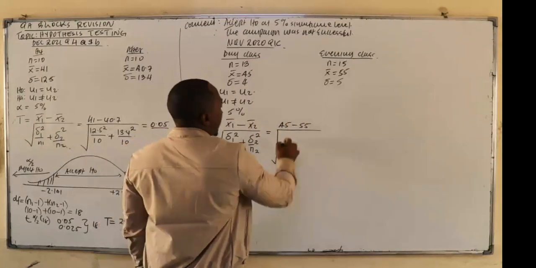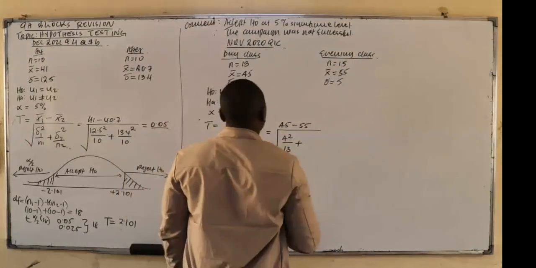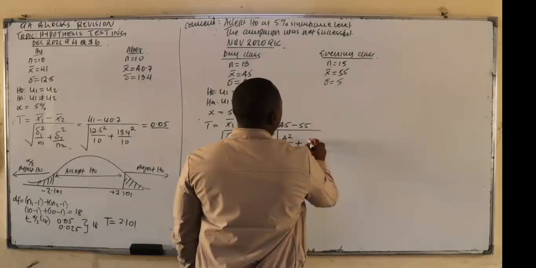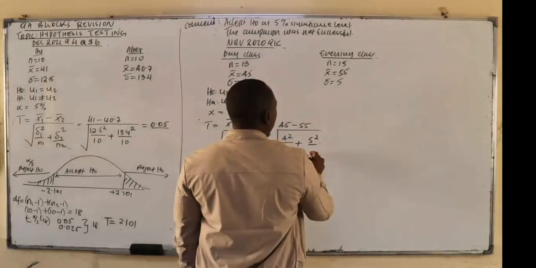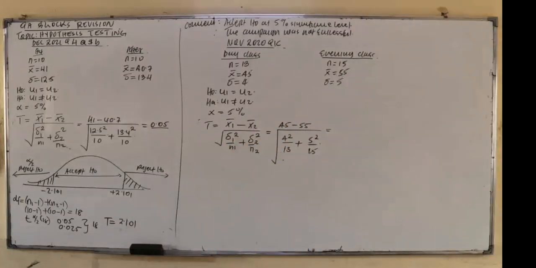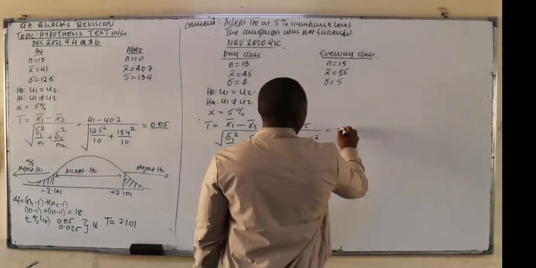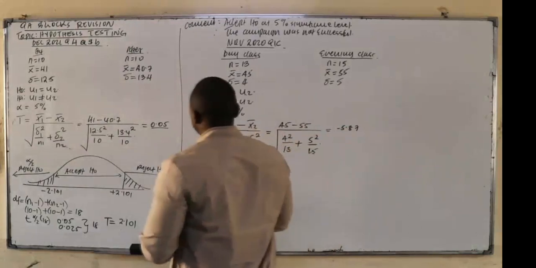Then standard deviation of 1 is 4, square to get the variance, over N1, which is 13, plus standard deviation of 2, which is 5, so 5 squared over N2, which is 15. What do you get? Negative 5.87.